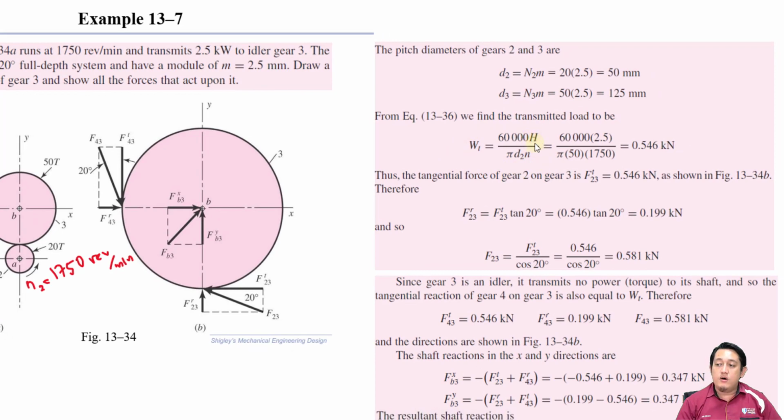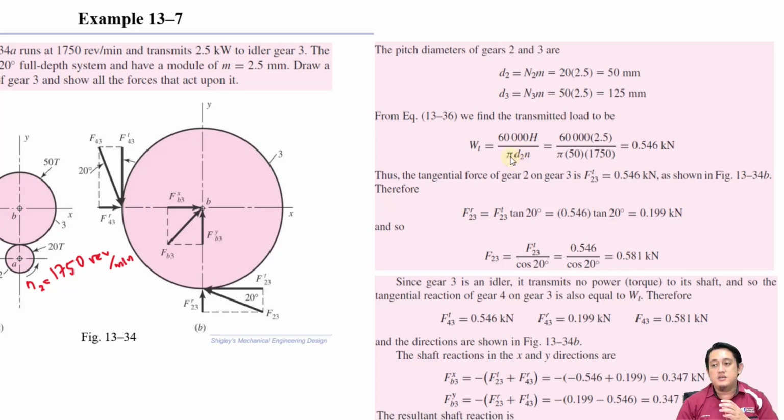We have the value of H, which is 2.5 kilowatt, we have pi, and we have 1750, but we don't have the value of D2, the diameter of gear 2. So how do we calculate this diameter?